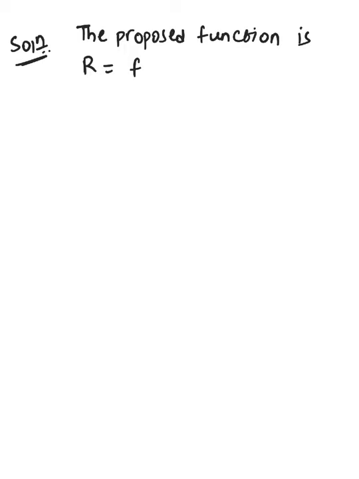As per the statement of the problem, we can understand the proposed function is: wave radius r is a function of energy E, air density rho, and time t. So let's try to solve this using the Pi theorem.